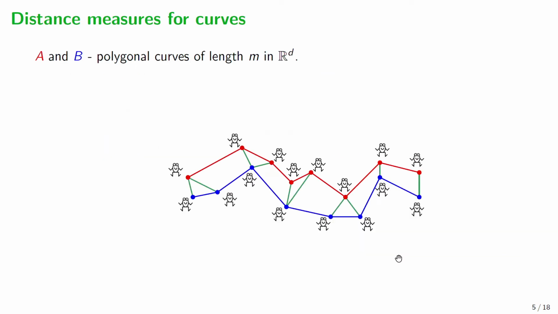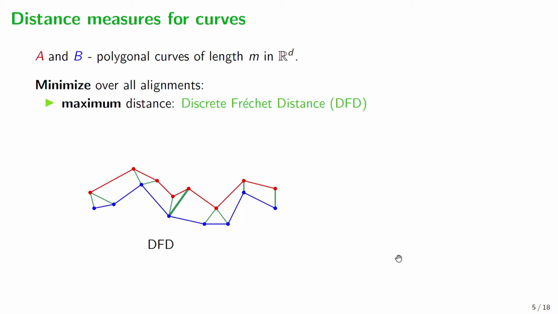There are several different distance measures that are based on these curve alignments. For two polygonal curves A and B, each with m d-dimensional points, if we minimize over all possible alignments the maximum distance between the frogs, then we get the discrete Fréchet distance.